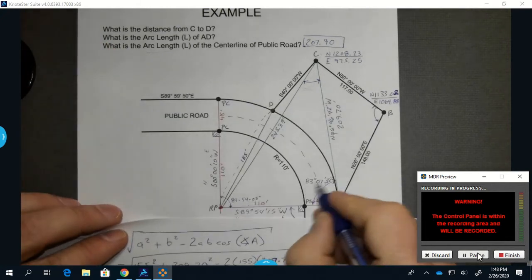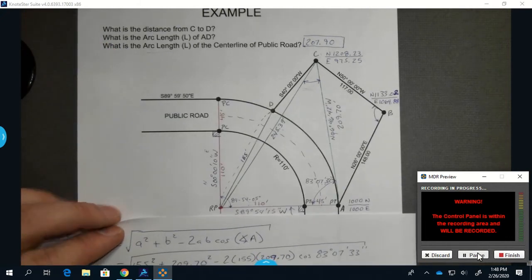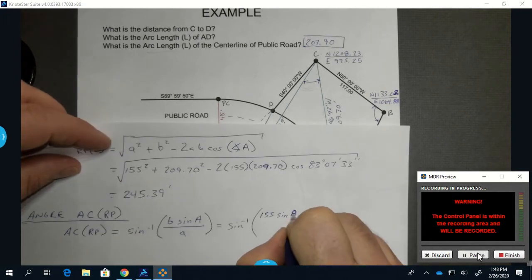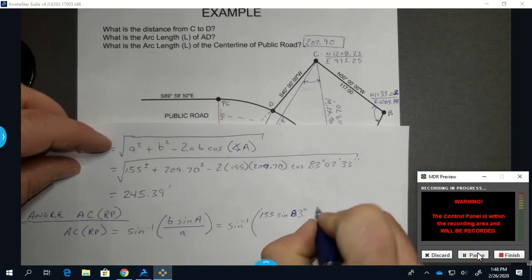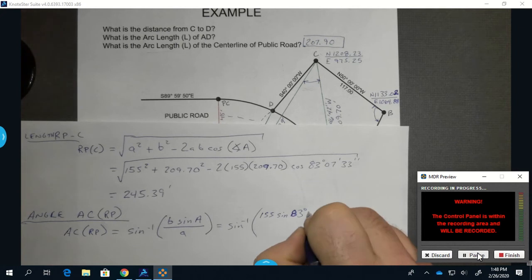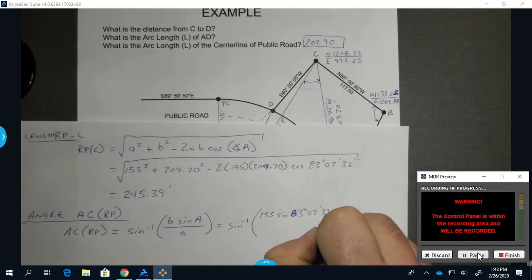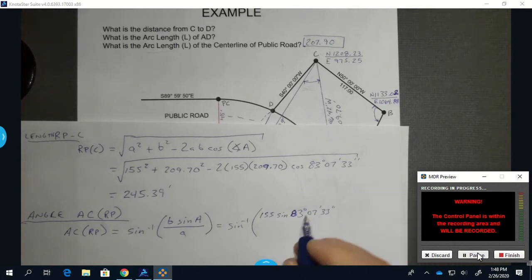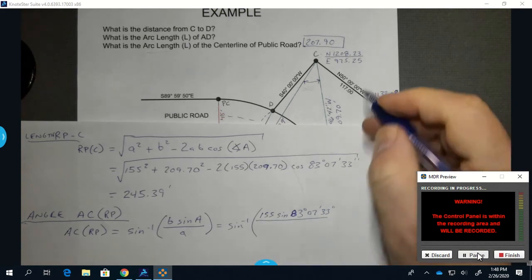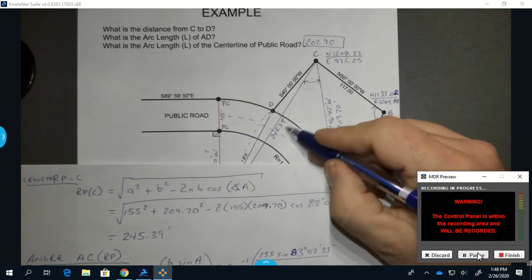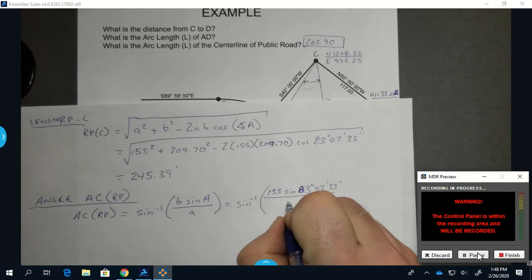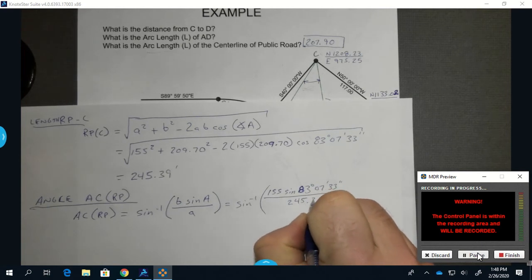A here is this angle, so it's 83 degrees, 07 minutes, 33 seconds, divided by this distance, 245.39.